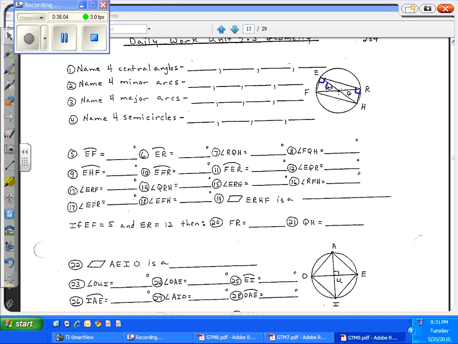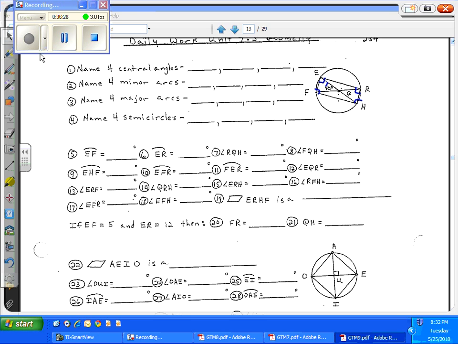The angle at R is 90. The angle at F is 90. And the angle at H is 90. Okay? Also, all of these triangles in here are isosceles triangles.